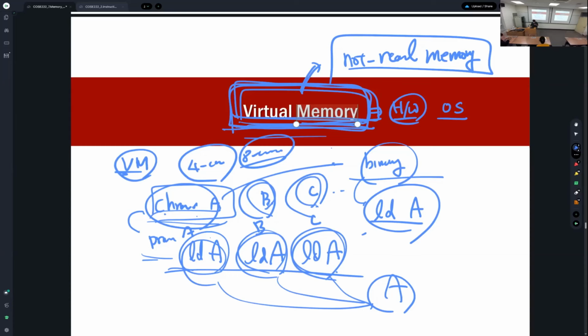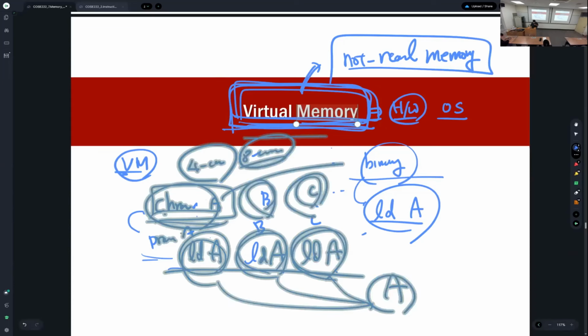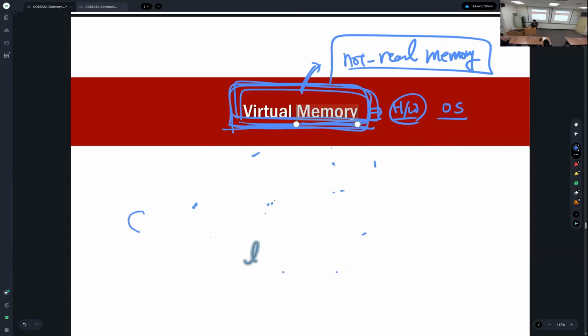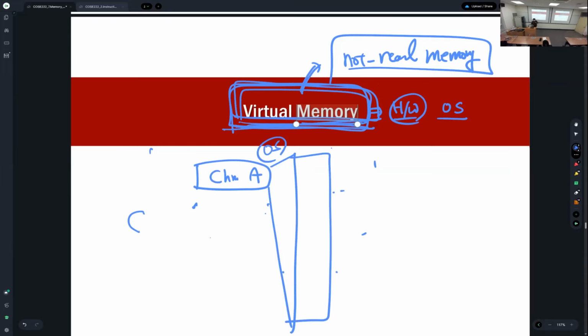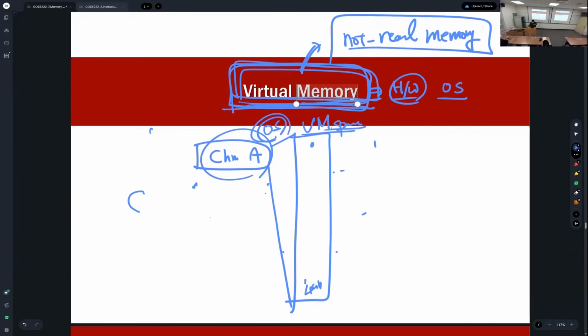So actually, the software, it's a Chrome A. The operating system provides a unique virtual memory space, which means that for Chrome A, the operating system provides the 0 to 4 gigabyte of memory space.